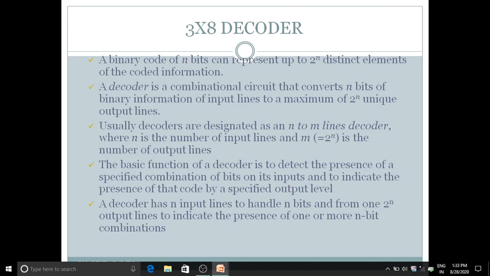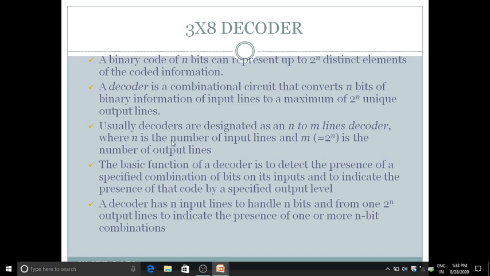Or otherwise I can say that it is detecting the presence of a specific combination of bits on its input, and it indicates the presence of that code at the output by making the specified output level active.